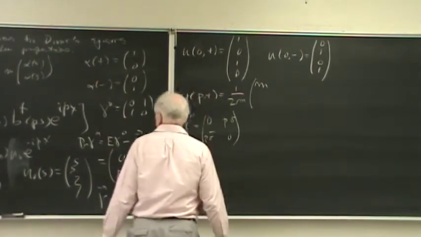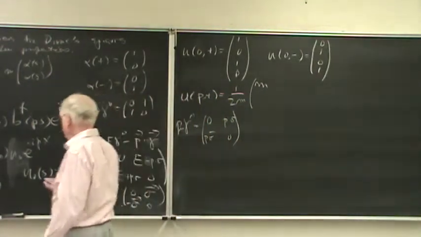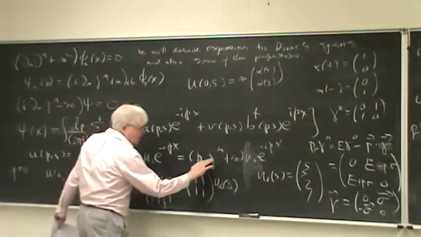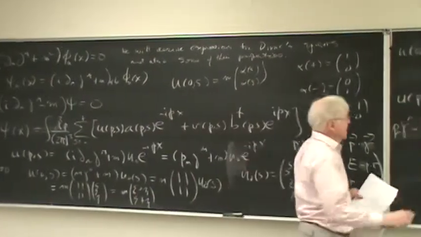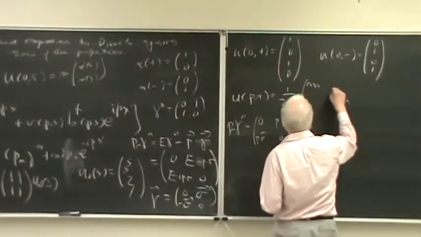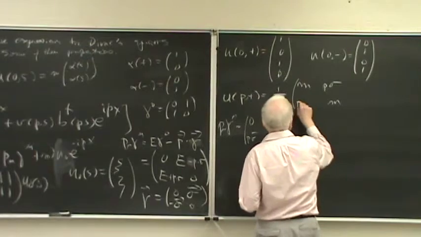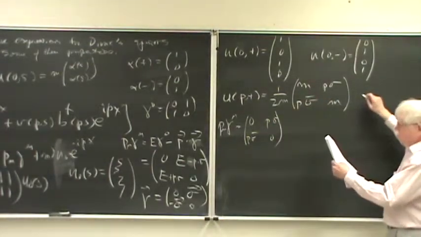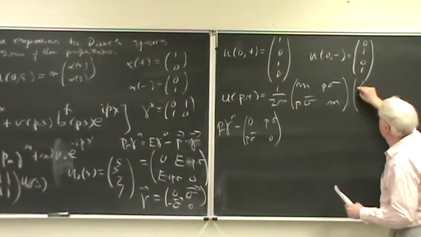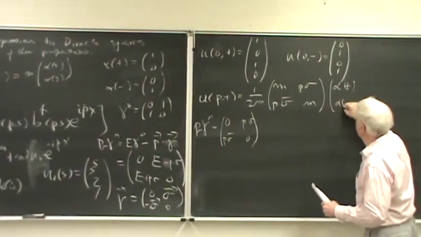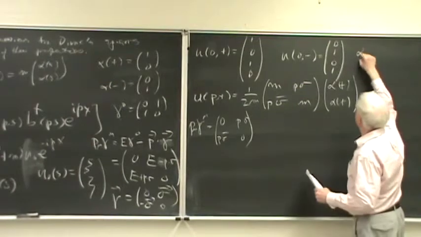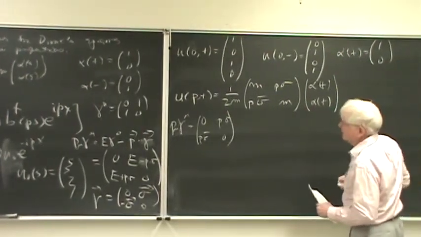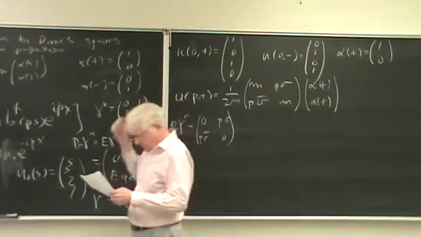Okay, and then we add m. So we have p_mu gamma^mu plus m, so that's m, p sigma bar. And then this thing is what? Well, it's going to be alpha plus, where of course alpha plus is just 1, 0.